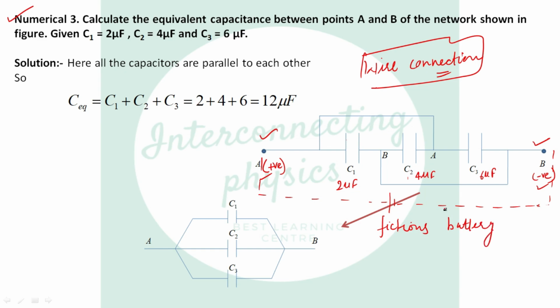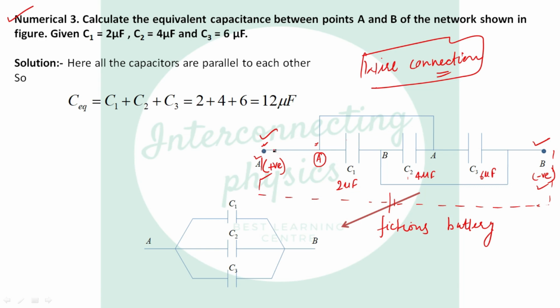Now you see here, from here to here, there is no element present over here. It means at this distance, there will be no potential drop and point A will be the same as that of this point. Means at this point, the potential will be the same, that is A, which is positive. Okay, because there is no element present over here, so no potential drop occurs.